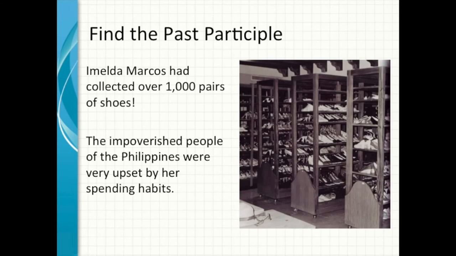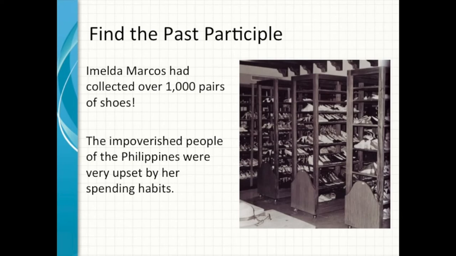Let's look at our next eccentric person while finding the past participle in sentences. Imelda Marcos was the First Lady of the Philippines for a few years, and she is most famous for her enormous shoe collection. Just look at this. Now let's look at the sentences. Imelda Marcos had collected over 1,000 pairs of shoes.